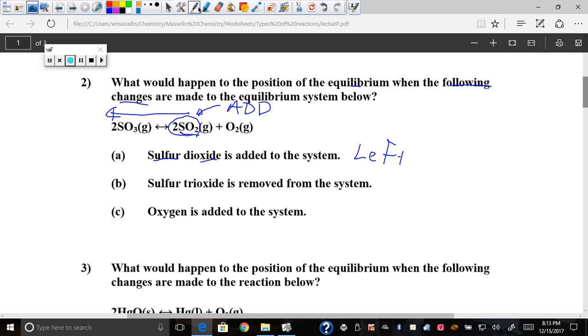Okay? It would shift to the left. Sulfur trioxide is removed. That's just like pulling the plug on the bathtub. It would shift left.